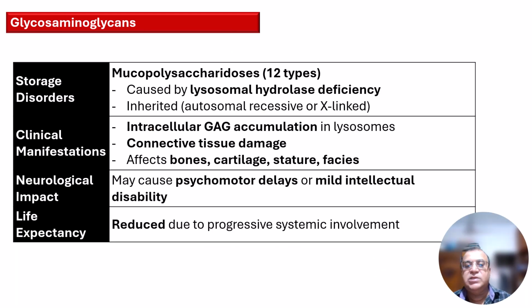As these molecules are termed mucopolysaccharides, their accumulation disease within the cell is termed mucopolysaccharidosis. There are about 12 types of this disease, and they are caused by deficiency of lysosomal hydrolase enzymes.